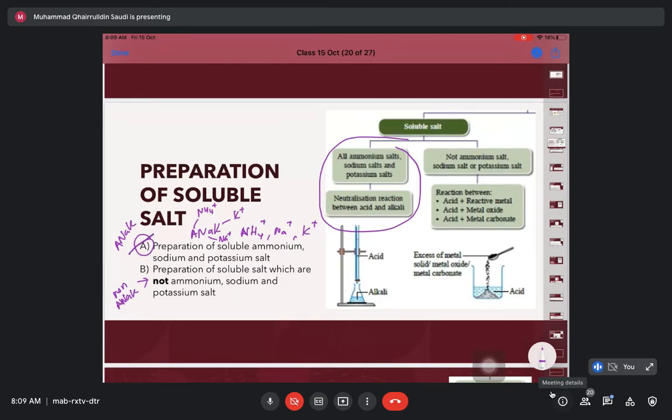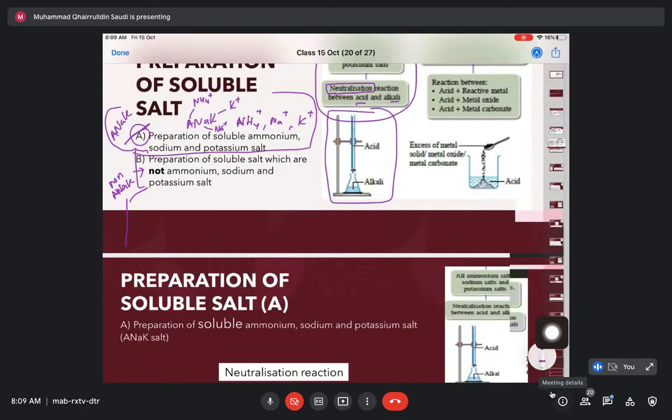Senang sikit. This is anak salt yang of course soluble. This is non-anak salt yang soluble. Kita kena guna cara B. But today kita nak tengok cara A dahulu. Kita nak prepare anak salt. So anak salt kita prepare menggunakan neutralization reaction between acid and alkali, and the setup will be like this. Titration methods macam yang kita dah belajar before.